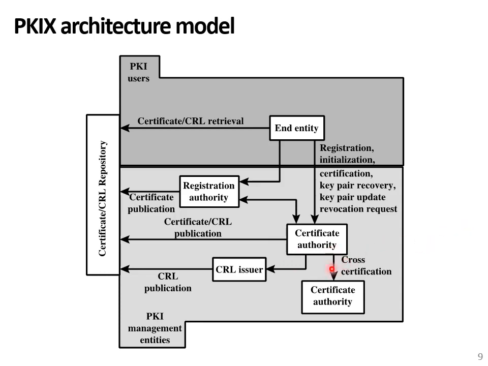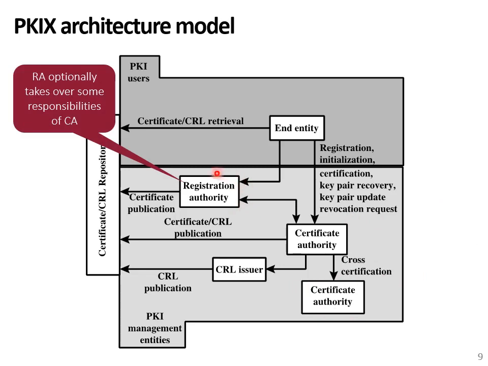First, it can exchange information with other certificate authorities for cross-certification. Then there are two optional entities which have been added to the architectural model. There is the registration authority, which is an optional entity that takes over some of the responsibilities of the certification authority, such as the publication of certificates. These certificates are then published into a distributed repository of certificates that can be accessed by the users.